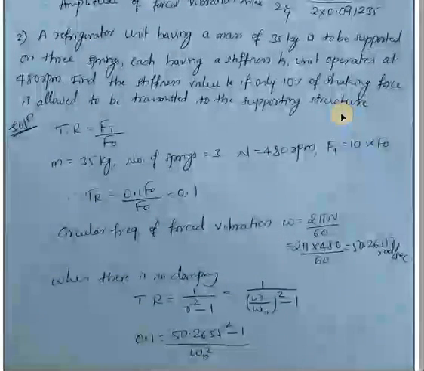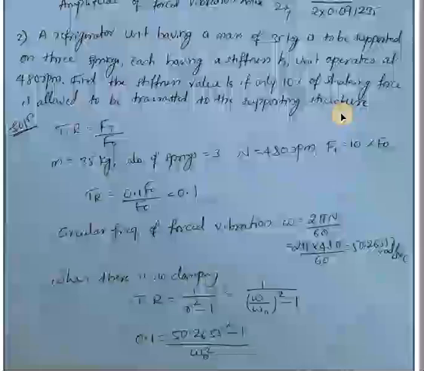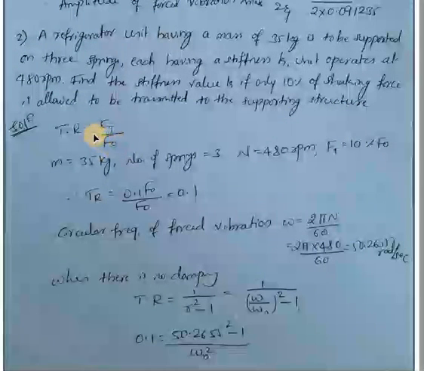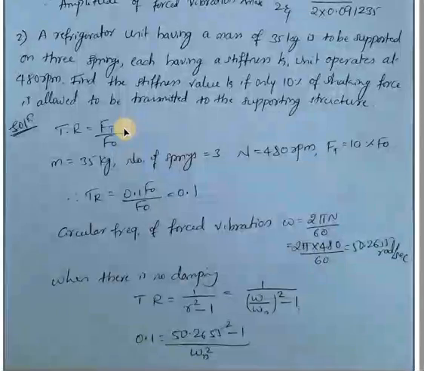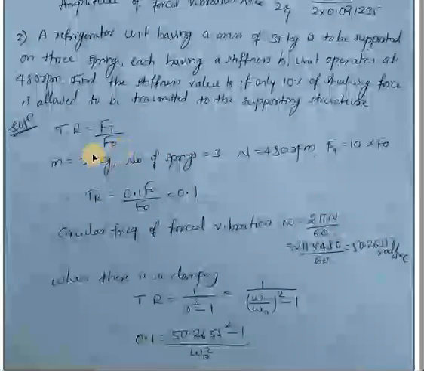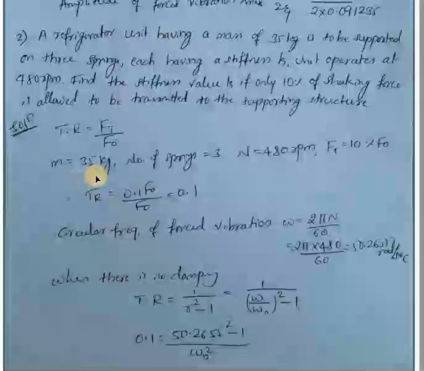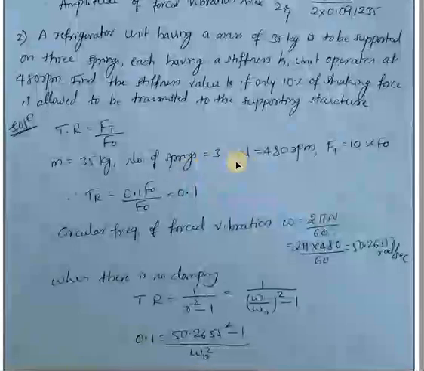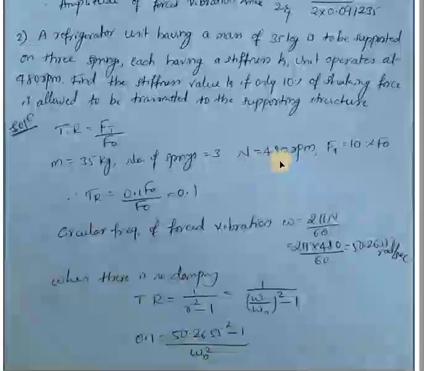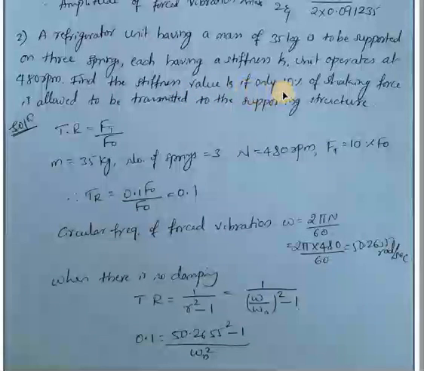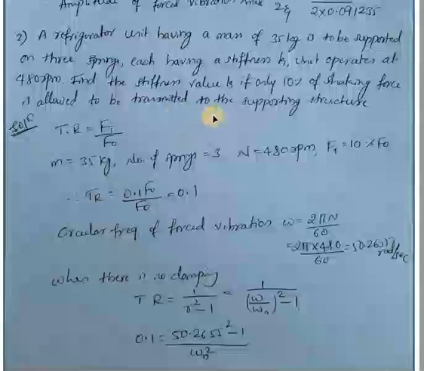Based on the given data, you have to identify which formula to use. As we know, the transmissibility ratio is given by the ratio of force transmitted to force applied, Ft by F naught. He has given M as 35 kg, the number of springs as 3, the speed N as 480 rpm, and that only 10% of the shaking force is allowed to be transmitted.